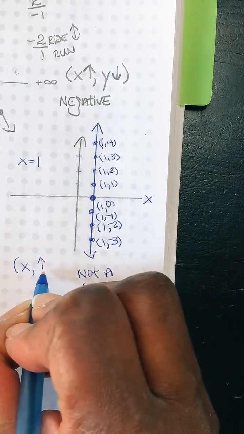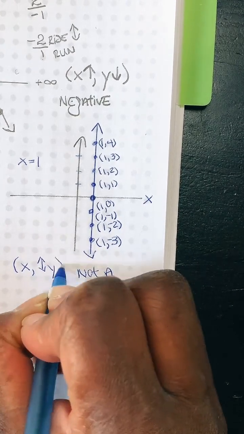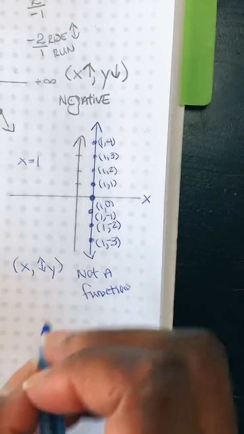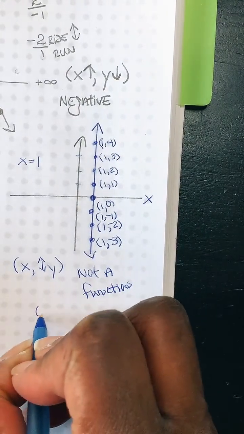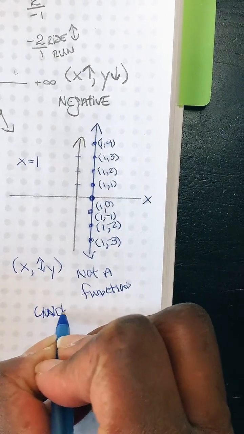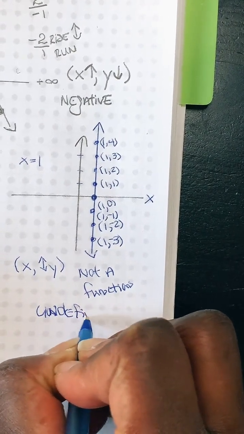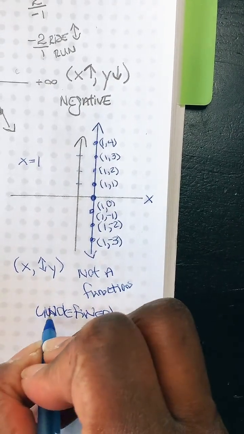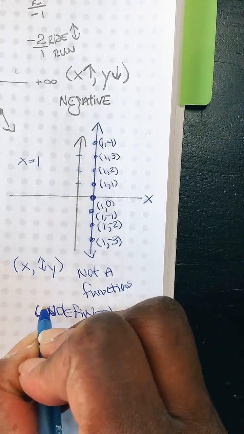So as my y's are increasing or decreasing, my x's are exactly the same. Okay, not a function. So this is called undefined slope. Okay, so this is an undefined slope.